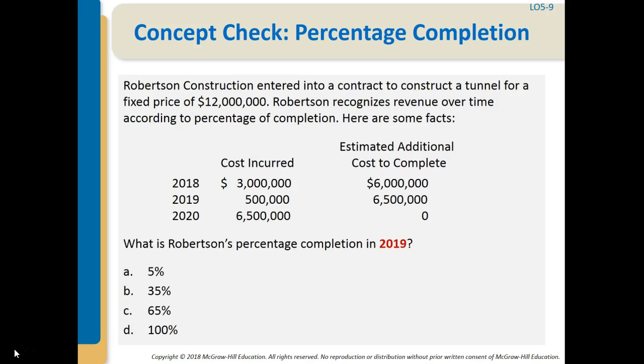So let's look at a concept question. Robertson Construction entered into a contract to construct a tunnel for a fixed price of $12 million. Robertson recognizes revenue over time according to the percentage of completion. Here are some facts.